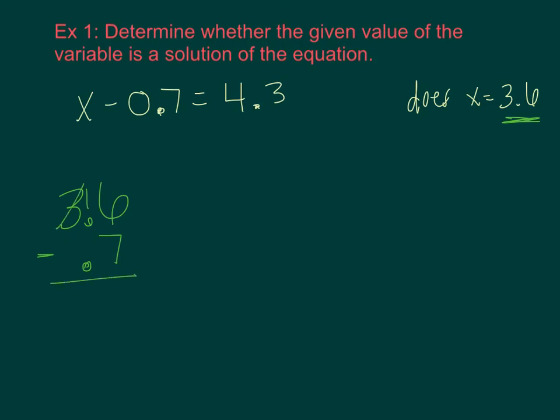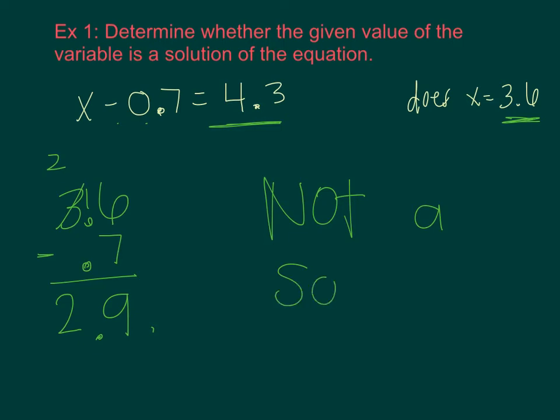I have to do a little bit of regrouping. Okay, so when I do x minus 0.7, it did not give me 4.3. It gave me 2.9. So x equaling 3.6 is not a solution.